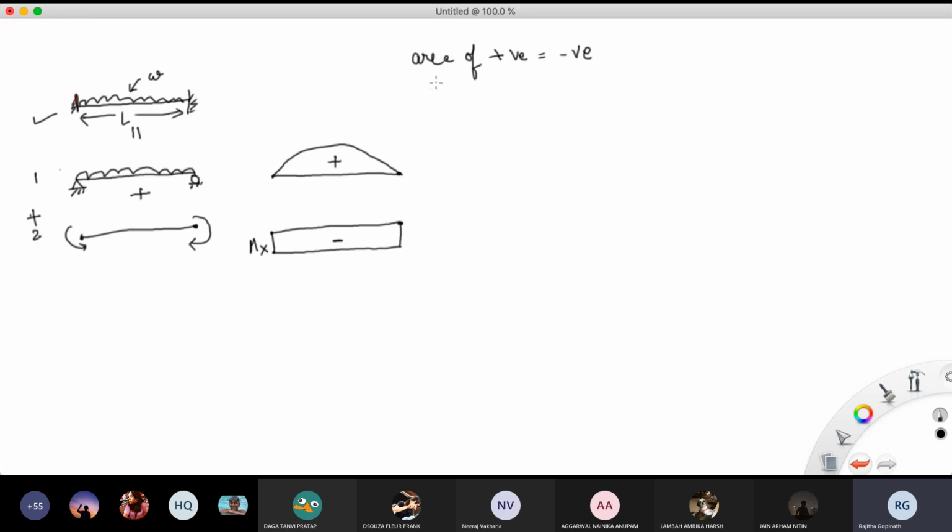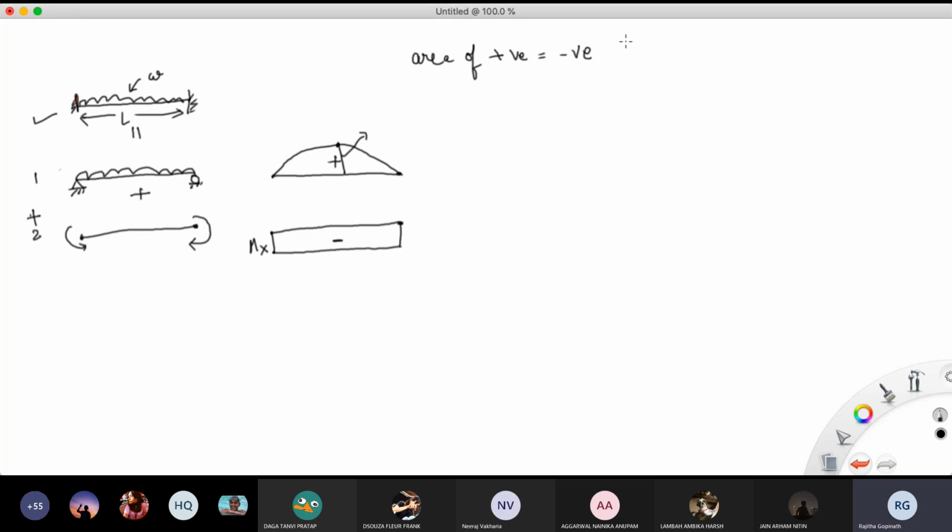Now let's see the area. Okay, who knows the area of a parabolic curve? सबसे पहले ये maximum ये कितना है? किसी को याद है from the first semester? How much is this one? Height? Any guesses? Okay, चलेगा.